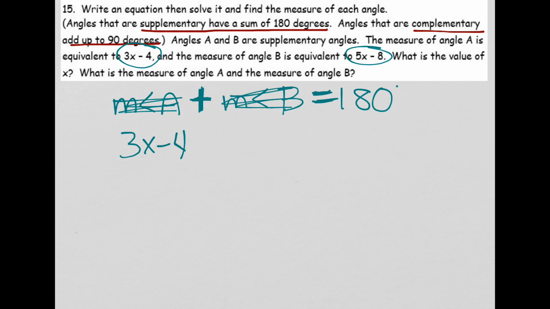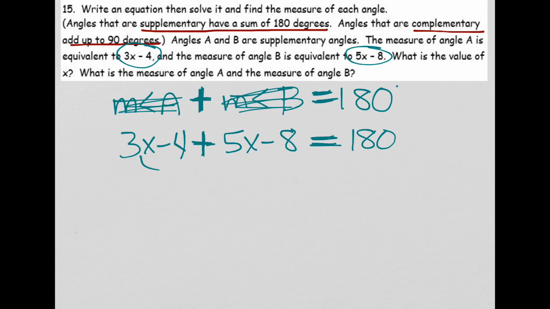But they still add up to equal 180 because that's what supplementary means. You can add those two expressions together and get 180 degrees. Guess what, kids? That's an equation. You can solve it. Woohoo!